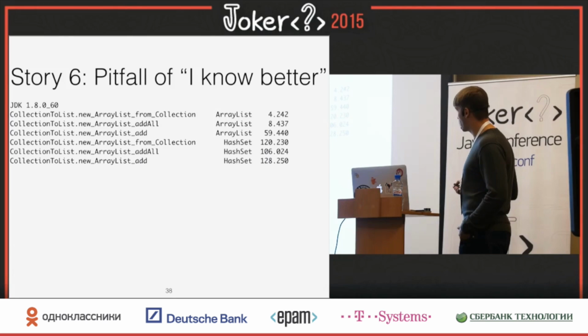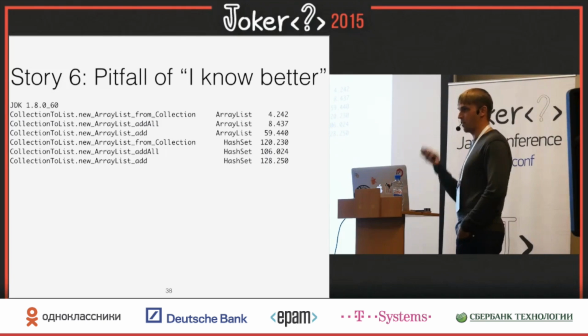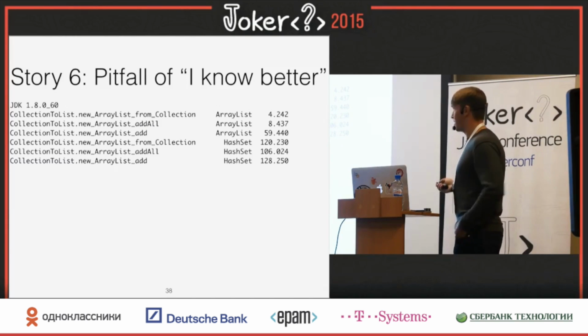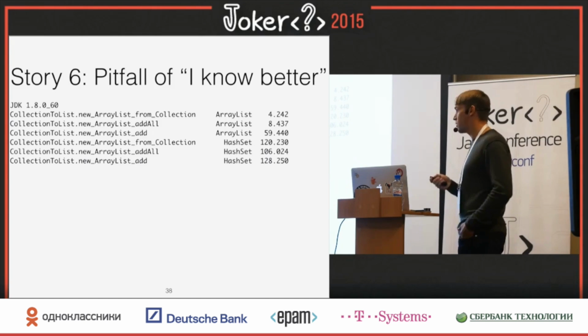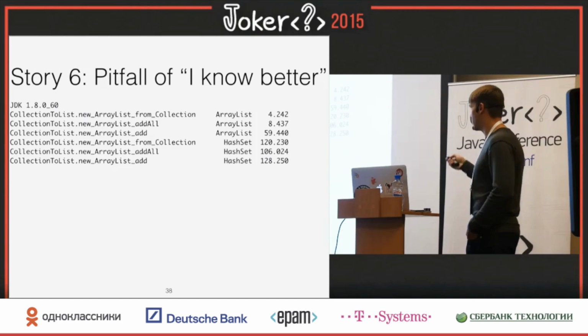So we have a factor of 2 here. And my naive attempt to iterate and add elements manually fails miserably. You see it's a factor of 15 between them. Because System.arraycopy is highly optimized, it can use tricks like vectorized instructions, copying chunks of memory, instead of you doing pointer chasing, like what Martin was saying, and trying to find your data.